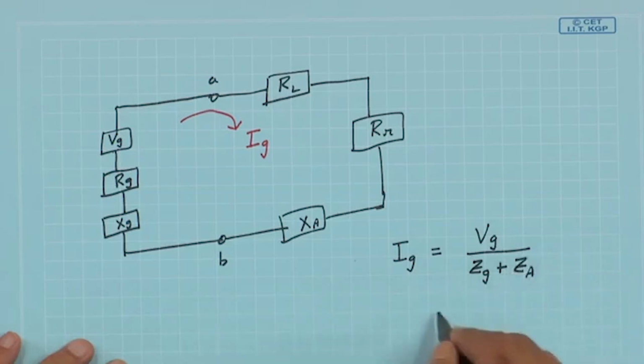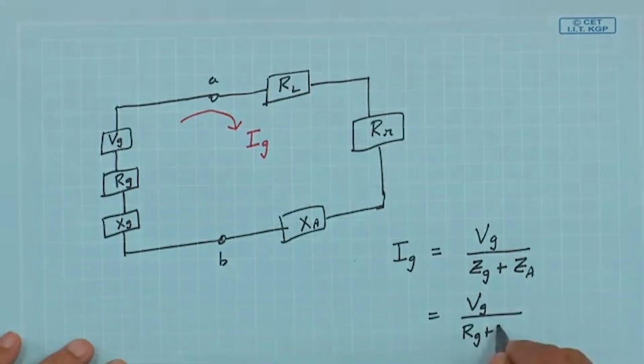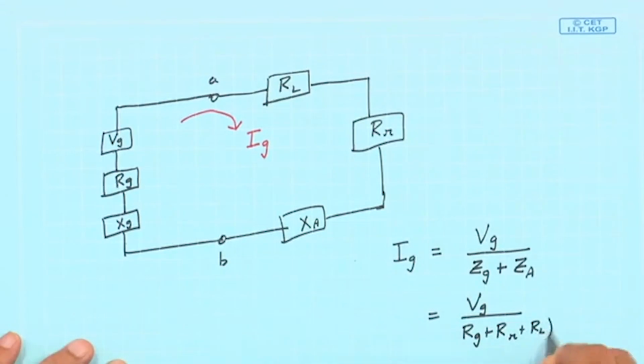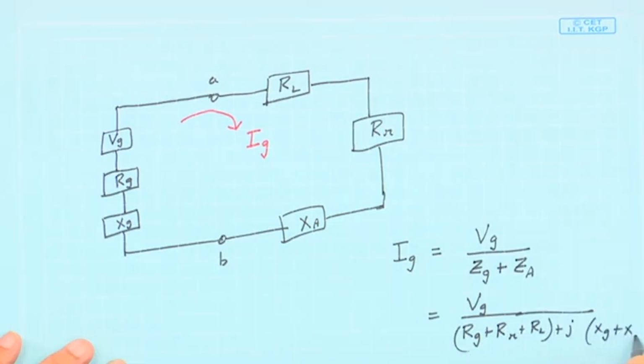Z. Now, we know that for simple antennas we can write this Z as R r plus R L plus j X a.